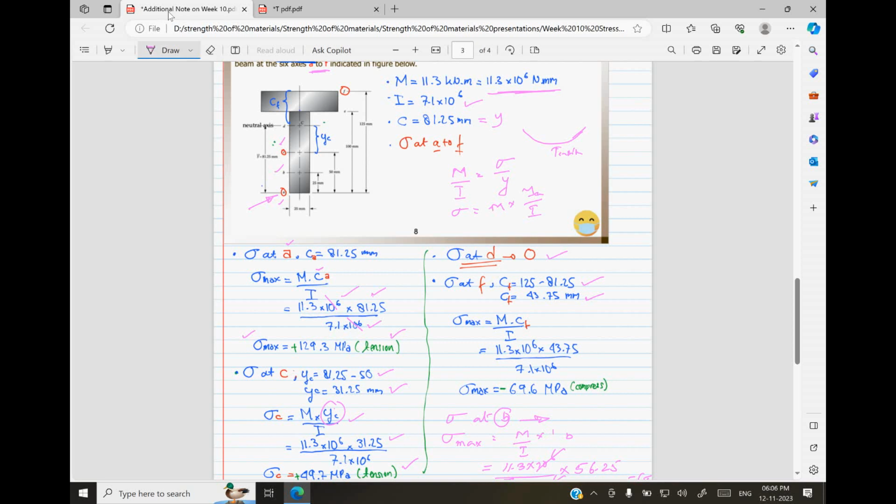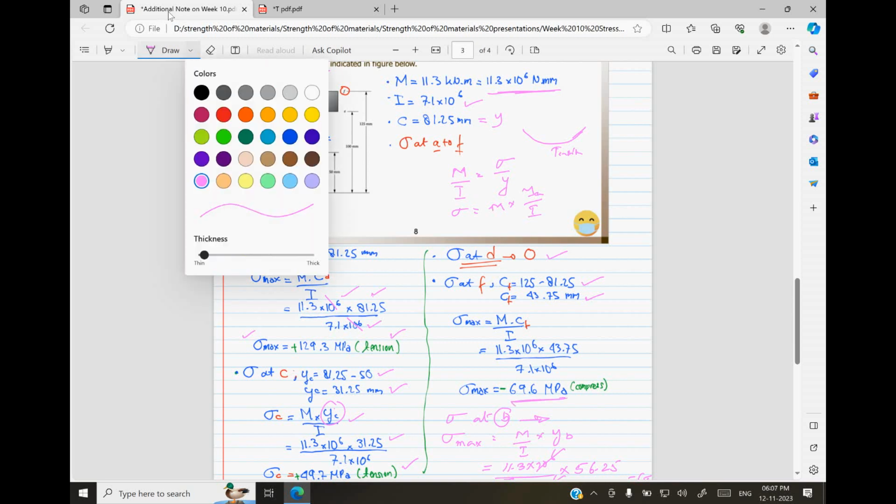Now here you see CF means it is the farthest point here, and CA means it was the farthest point here, where the stresses are maximum. When you do it, you are getting a value with a minus sign for the reason that it is compression. That's all, nothing other than that.